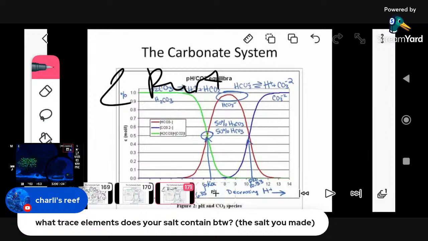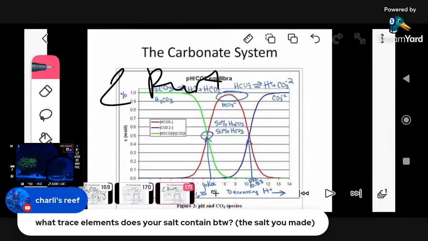But right now I'm just dosing trace elements from other businesses or other corporations. Honestly, I'm using Kent right now. But realistically, Charlie, I've calculated my own trace elements, but now I just gotta find the salt, see if I can make them available to me, and make my own water solution.